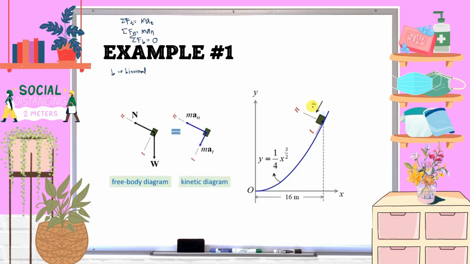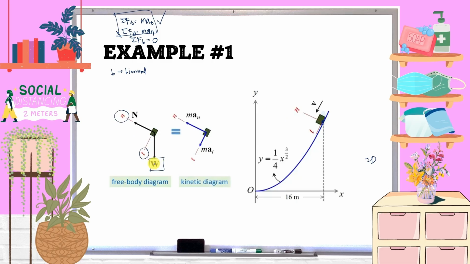And since our problem involves only 2 dimensions, not 3D motion, we will only use these 2 equations. But before we proceed with finding the equation, which is step 4, we need first to identify if all our forces, likewise the inertia force, are already along the axes of tangential and normal.